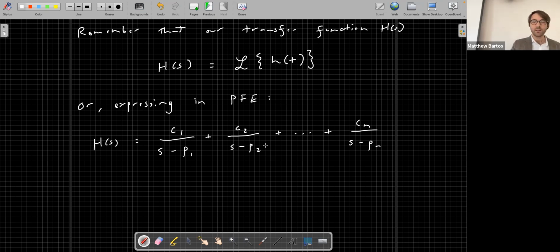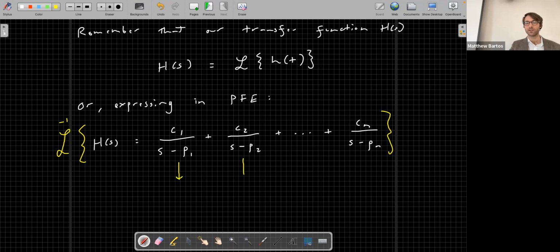Okay, so this implies something important. So what happens if we take the inverse Laplace transform of this entire expression?